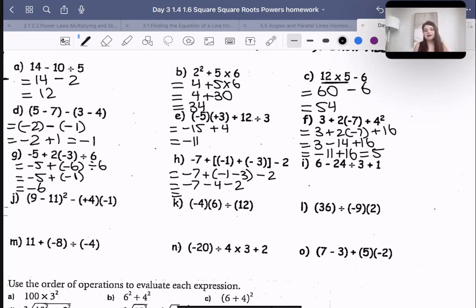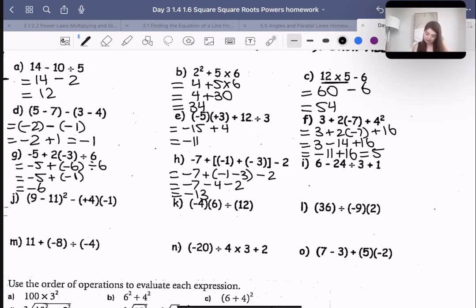Do we have any multiplication or division? No, we don't. Do we have any addition and subtraction? Yes, we do. We have some subtraction. Negative 7 minus 4 is minus 11, and minus another 2 would be negative 13. So our final answer is negative 13.